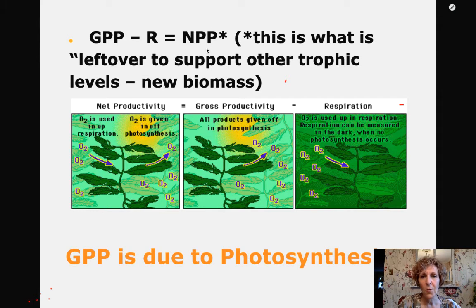What is left over is the NPP. And the NPP is very important because that is what is going to be the support for all the other trophic levels in our trophic pyramids to produce new biomass. All right, so NPP is equal to gross primary productivity minus respiration.